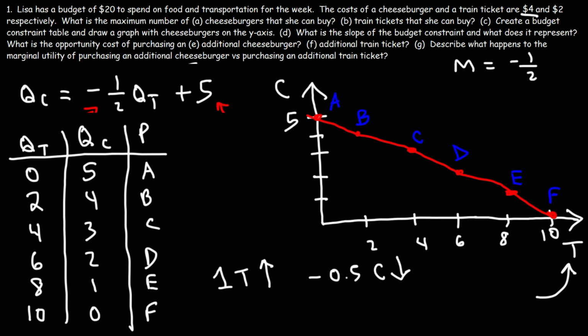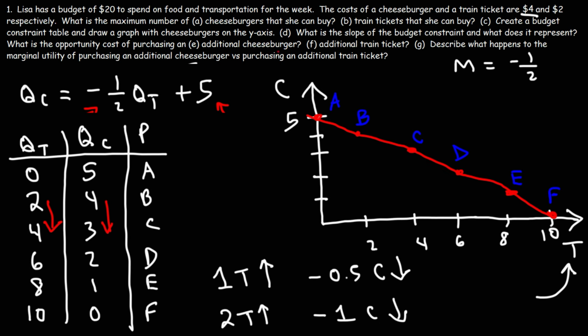If we multiply everything by 2, that means that buying 2 additional train tickets costs us 1 cheeseburger. And we could see that in the table. As we gain 2 train tickets going from 2 to 4, we lose 1 cheeseburger. So that is the opportunity cost of gaining 2 train tickets. We have to give up a cheeseburger.